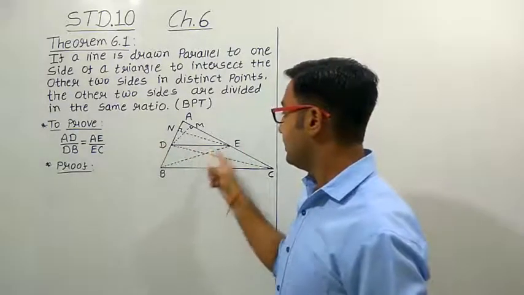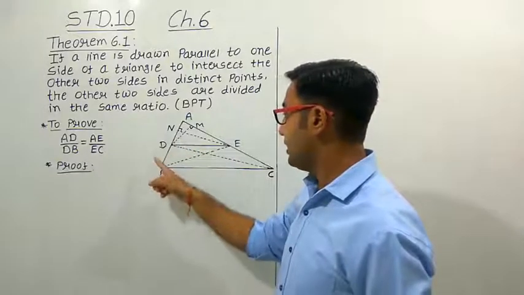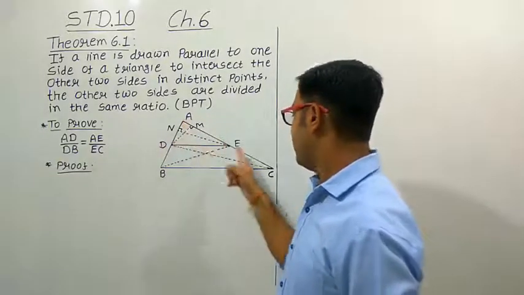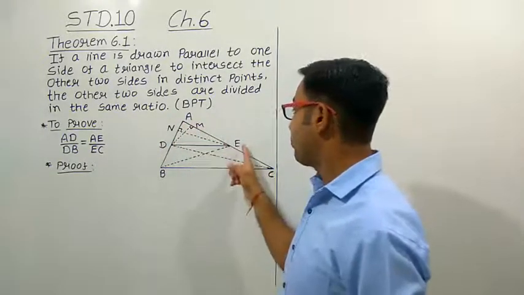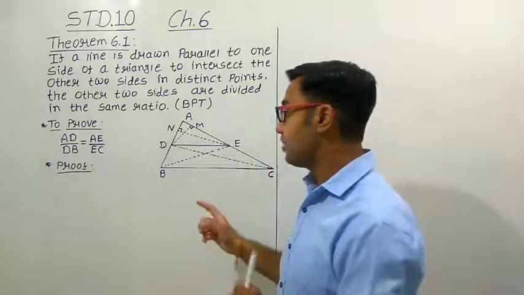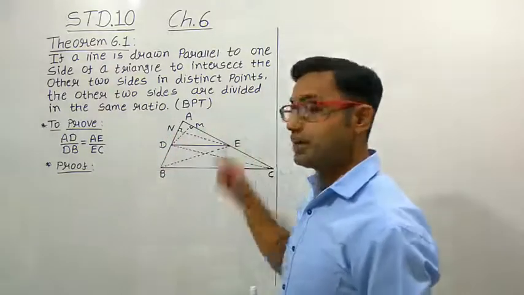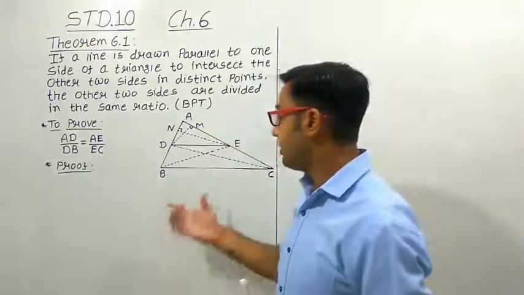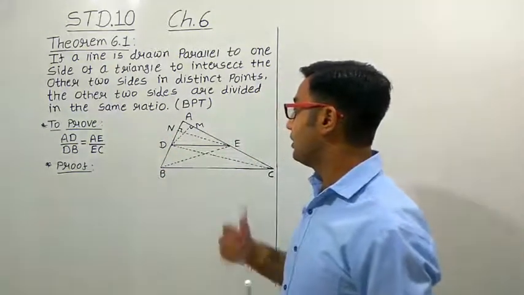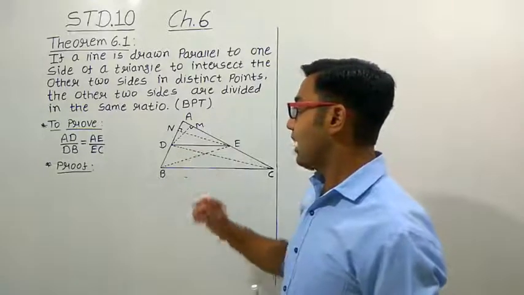Then this DE intersects side AB at point D and side AC at point E. So in two distinct points, this line intersects two sides of the triangle, and it is parallel to the third side. Right? So here we have to prove that.